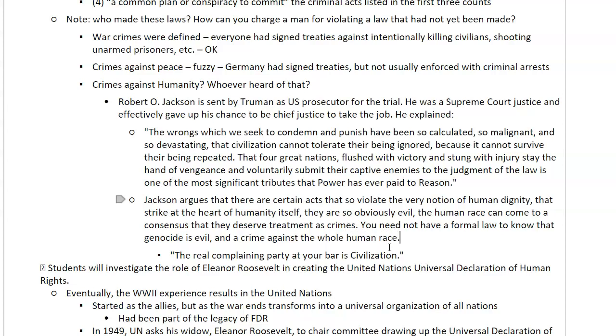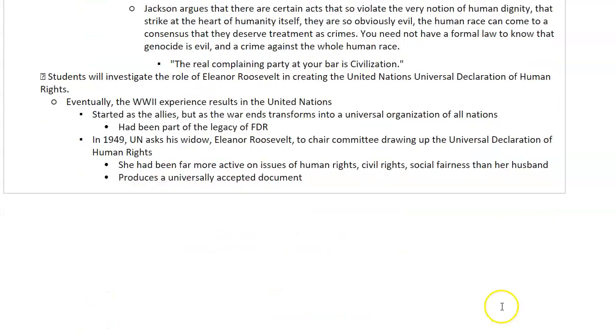He says the real complaining party at the bar, that is, the person who is complaining to the court, is civilization itself. Of course, they are convicted and serve long sentences or are executed, and humanity makes a statement to itself about morality.